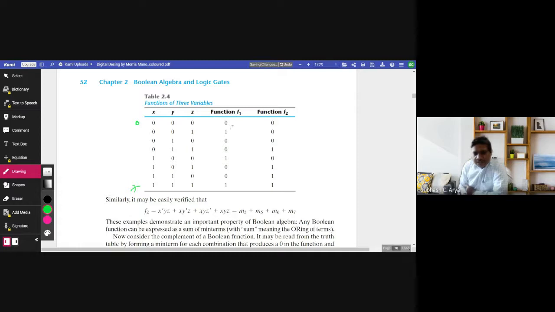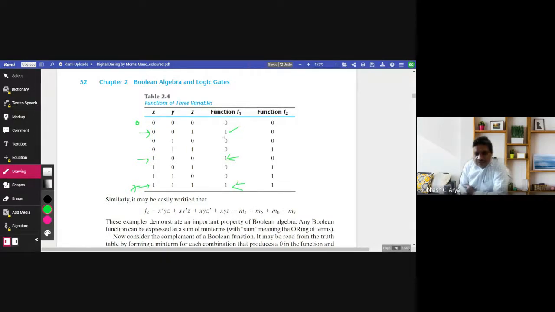Then F1 is defined in a certain way: when X bar, Y bar, Z occurs, it gives 1. Another case, X, Y bar, Z bar, also gives logic 1. The last one is X, Y, Z, then logic 1 comes up.